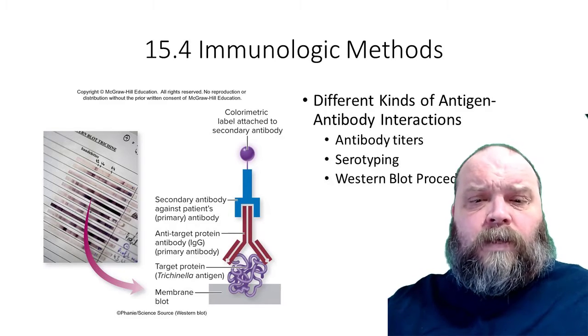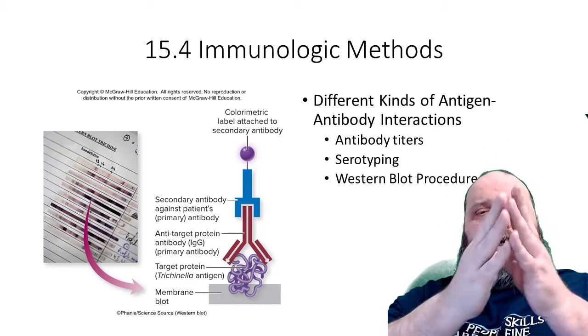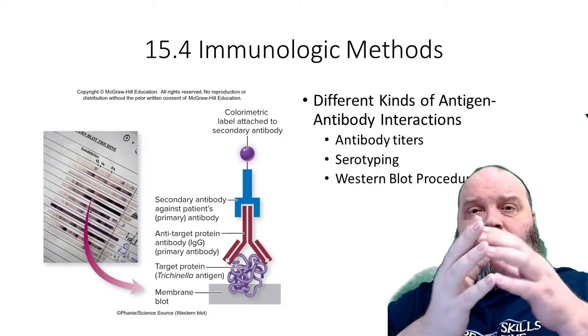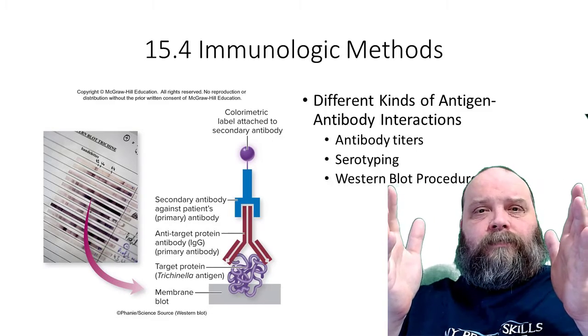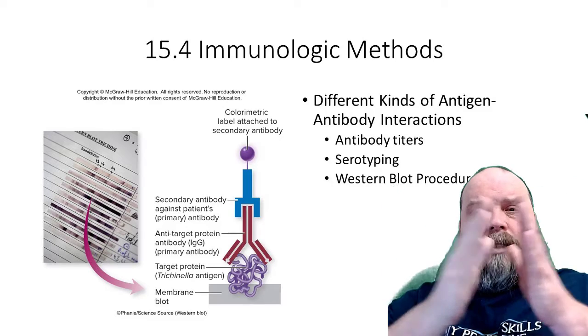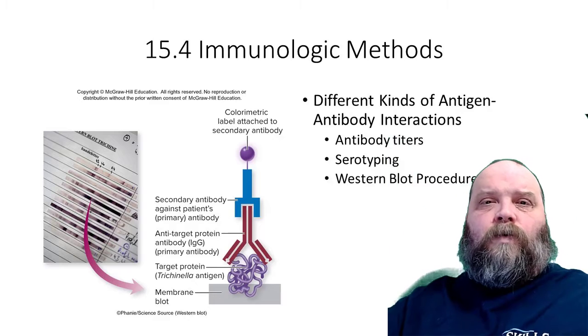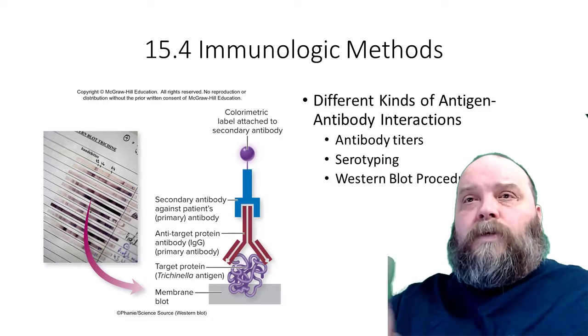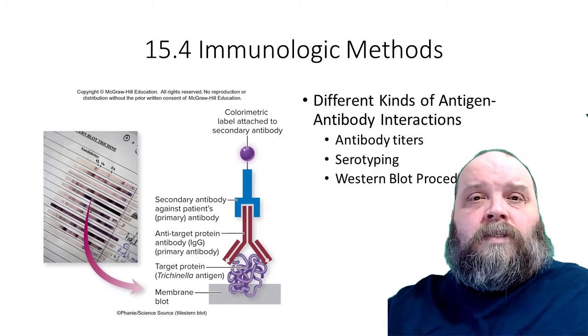Another thing we can do is what's referred to as Western blotting. We take all the proteins that are present in a microbe, a bacteria, a virus, and then we separate them out in an electric field in a gel. And then we apply those proteins from the gel onto a piece of paper. We expose that paper to the patient's serum.